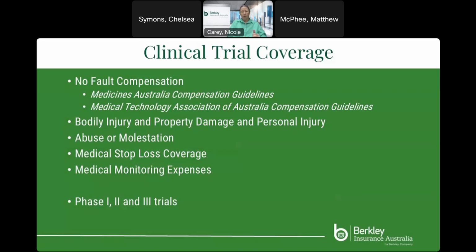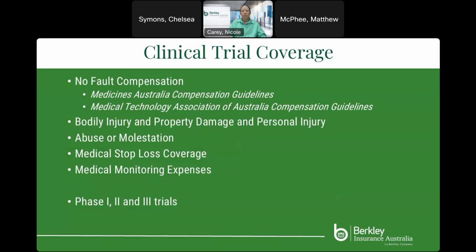So the participant doesn't have to prove that the sponsor has been negligent, and the sponsor doesn't have to admit any liability. Payment under these is generally required that if a trial participant is accepting payment under the no fault compensation clause, it's a full and final settlement, and they can't bring another action after that.